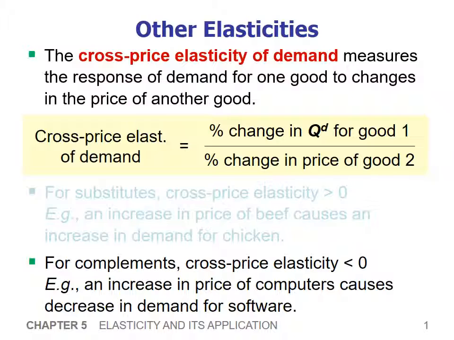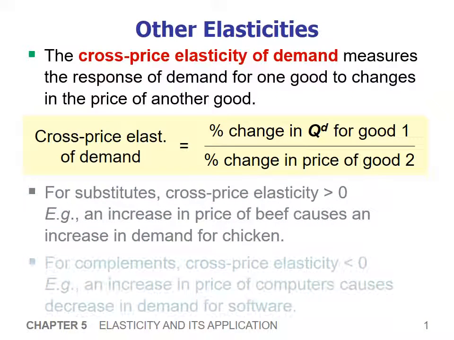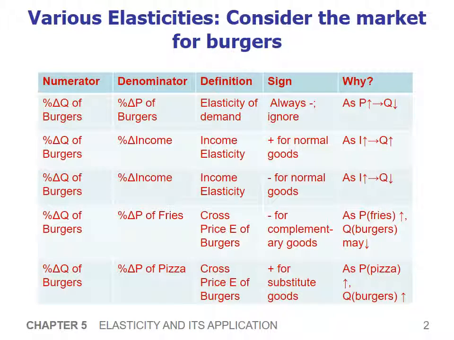Because these two move in the opposite direction, we'll expect the sign of cross-price elasticity of demand for software in response to a change to be negative. So here I have a table in which I focus on the market for burgers and try to summarize these various elasticity measures, the numerator, the denominator, and the sign in this table. So examine this table carefully and make sure you understand it before you proceed.